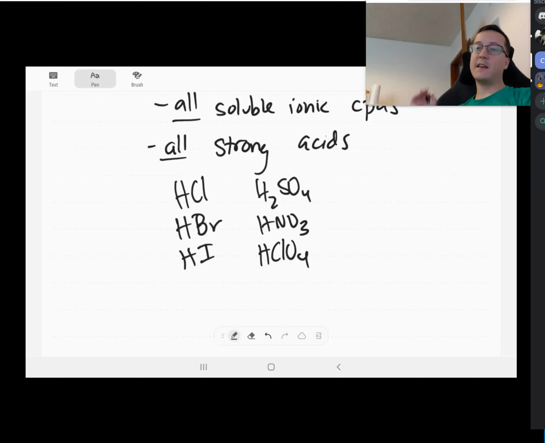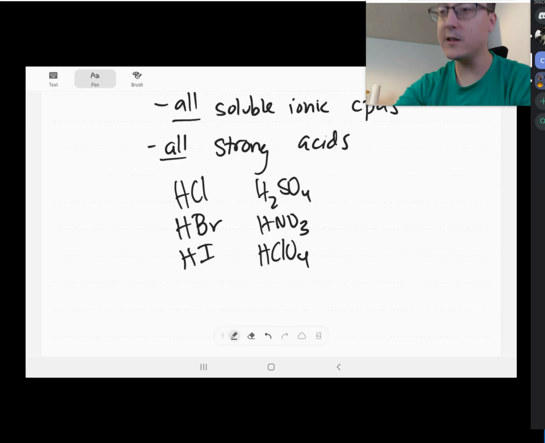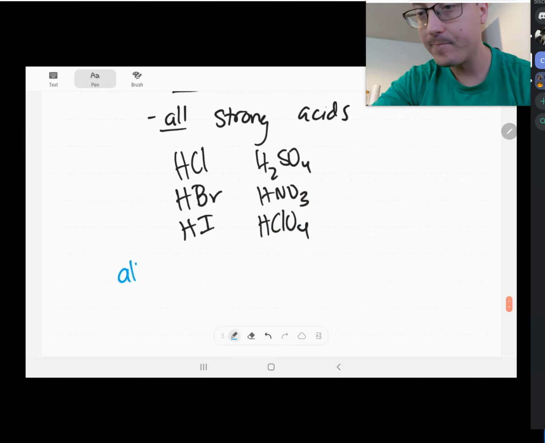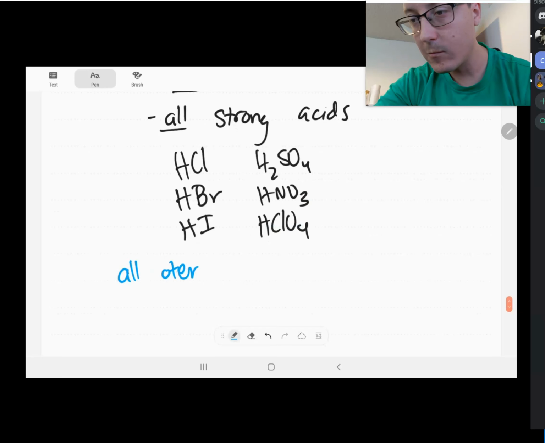So if you put HCl into water, all of that HCl will break into H plus and Cl minus. Okay, all of it. All 6 of these are what are called strong acids. They will completely break apart. All other acids are weak acids.